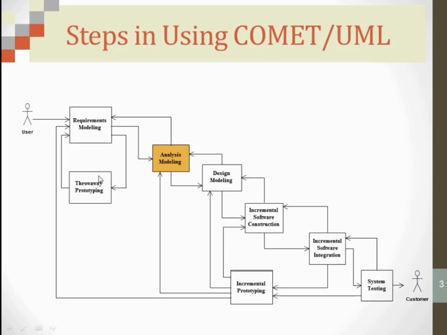As we say, today is the second phase, which is analysis modeling. After we learn how to build the requirement modeling and how to develop the use cases for autonomous systems, today we'll learn how to study the internal and the external classes of the system.